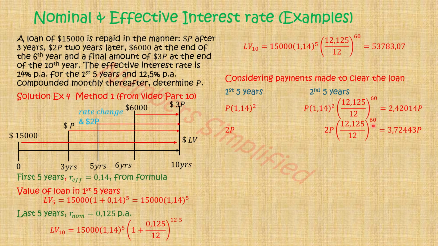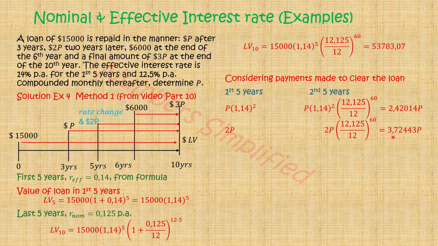So we're going to have (12.125/12) raised to the power 60. And evaluating that, we are going to get 3.72443p. So we are done with the first 5 years because there were no other payments that were made in the first 5 years. The rate changes.